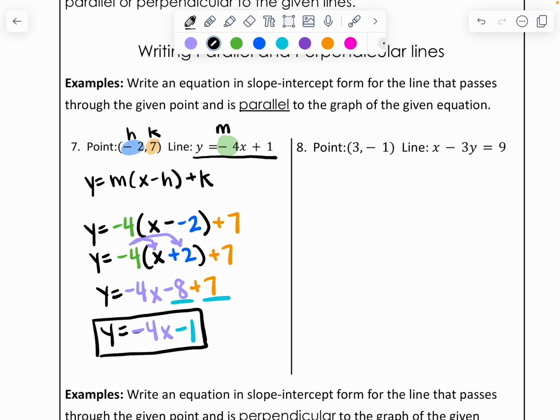Number 8. Again, we're wanting to write the equation of a line that is parallel to x minus 3y equals 9. And the line will pass through the point 3, -1. So we need the slope. We have to convert this equation into slope-intercept form. Subtract x.